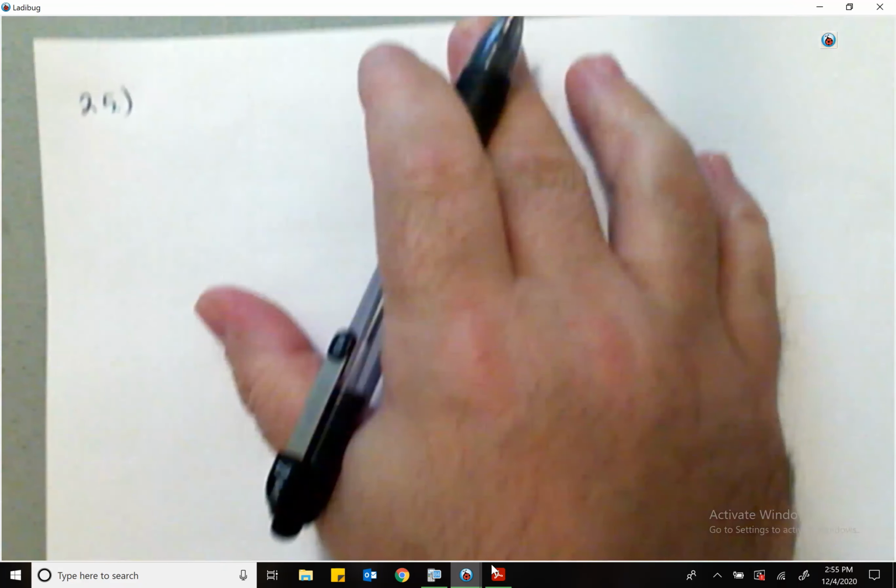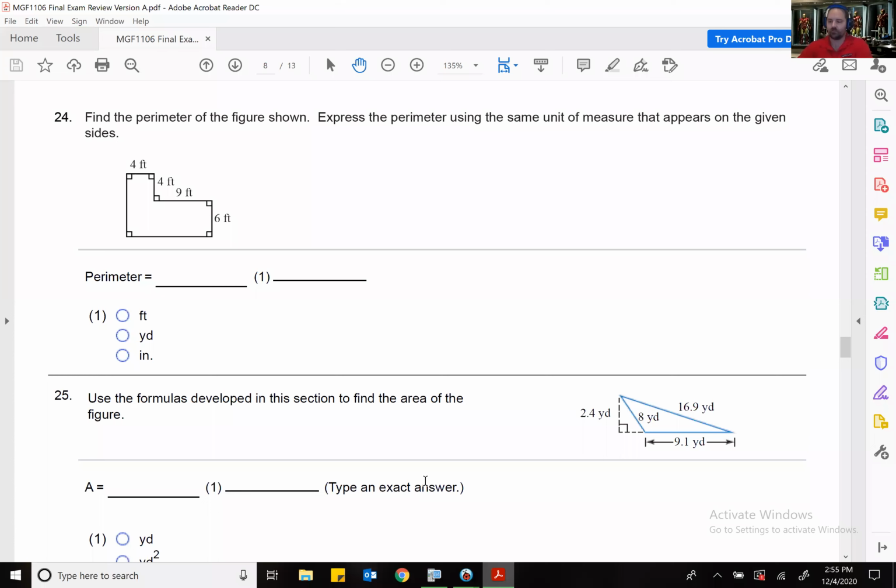So 25, they are giving us a triangle. I'm gonna recreate it on my piece of paper. 16.1 yards, 16.9 yards, 8 yards, 2.4 yards.